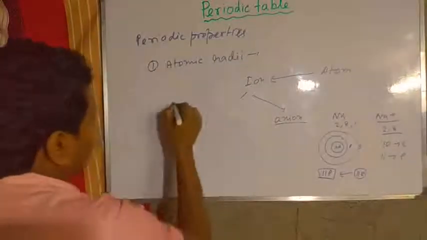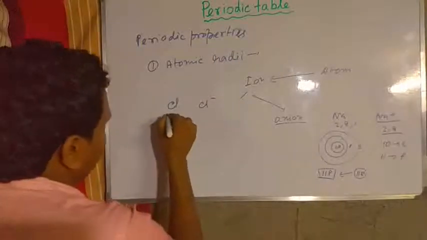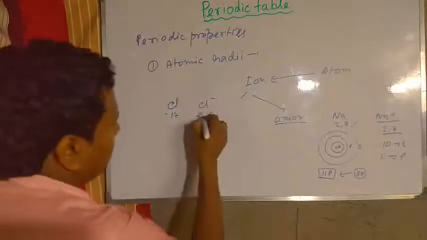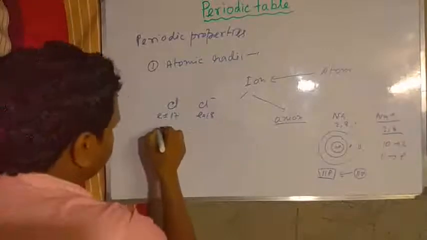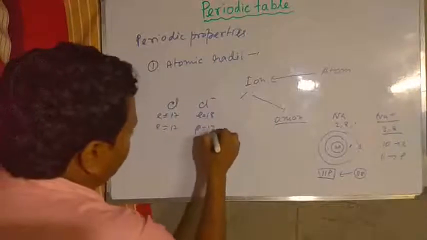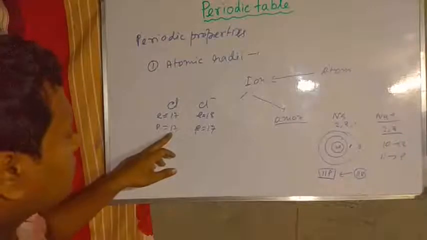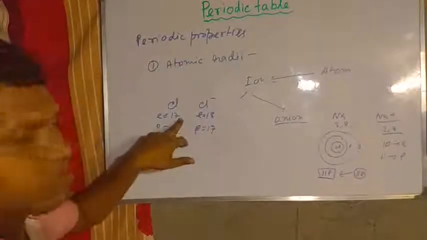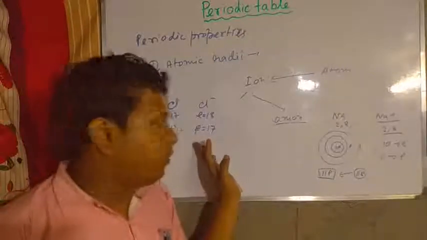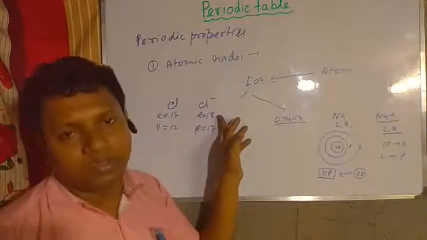Now Cl and Cl minus. Chlorine has atomic number 17. Here the electrons will be 18, but here 17, and the protons are 17 in both. So in the chlorine atom, 17 protons attract 17 electrons, but in the chloride ion, 17 protons attract 18 electrons.